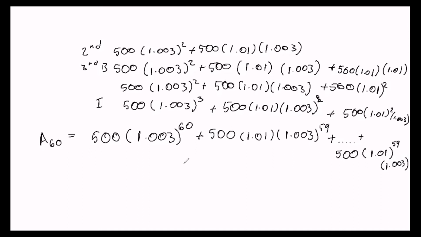So this is a general expression for our annuity, but do you want to put that into your calculator? Like all of those 61 terms? No, not really, do you? It's going to take a while.